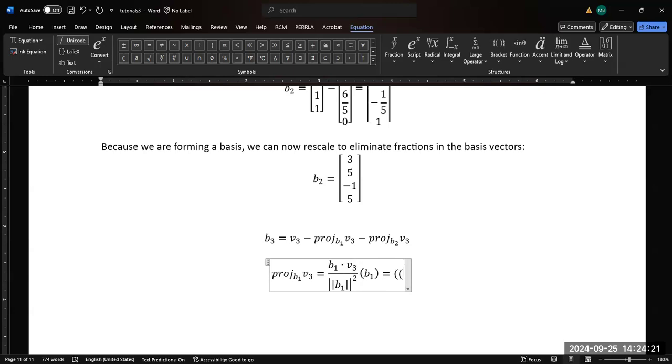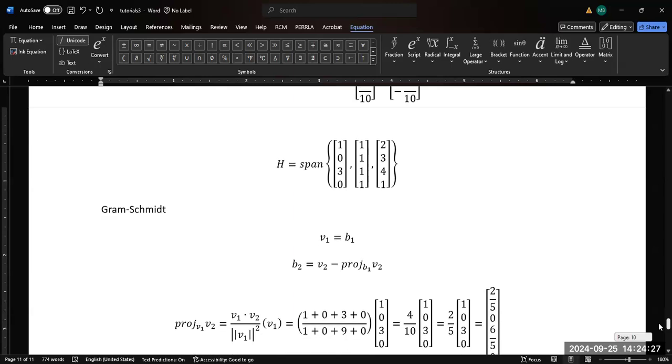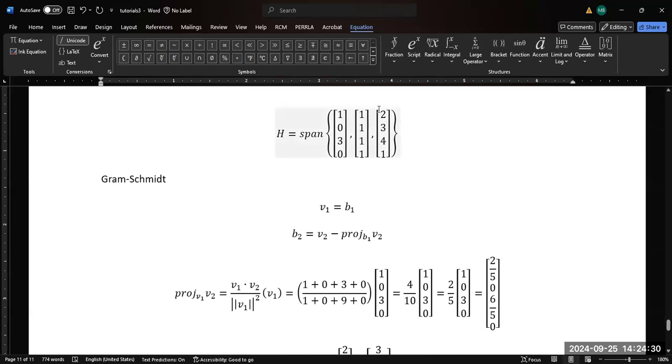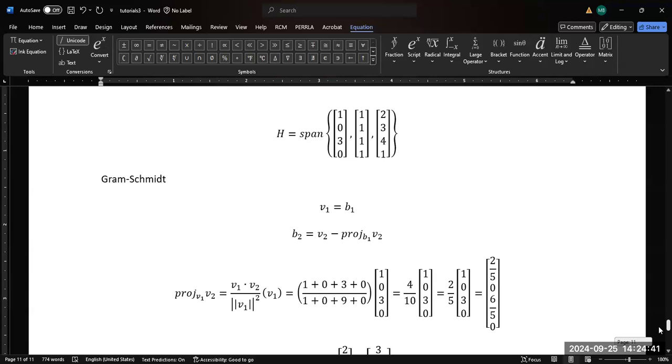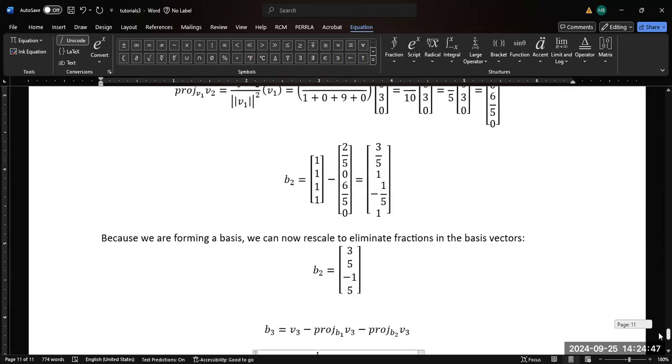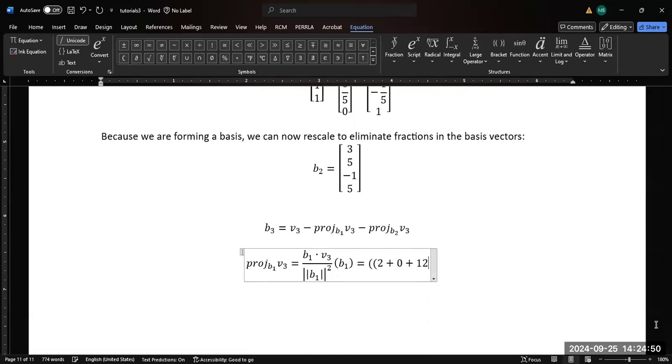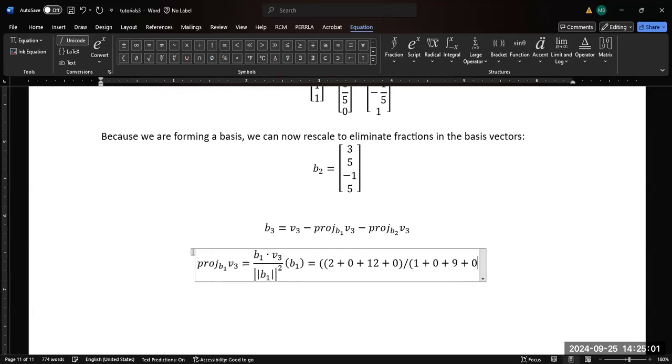So let's try this. If we dot B1 with this vector, we're going to get 2 plus 0 plus 12 plus 0. And then in the denominator, it's 1 plus 0 plus 9 plus 0.